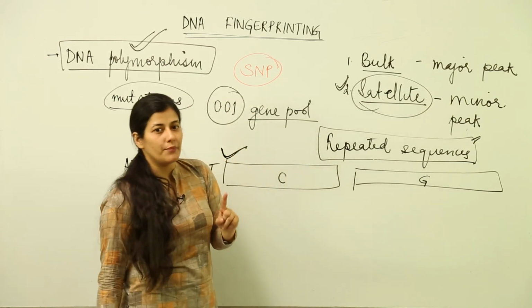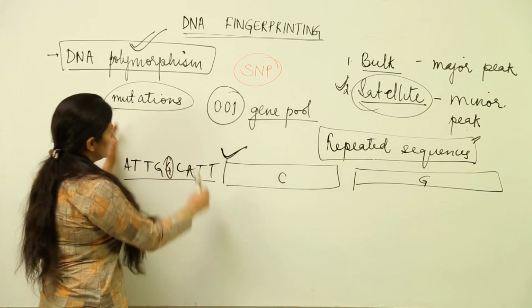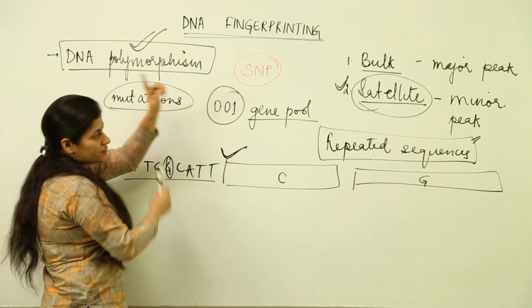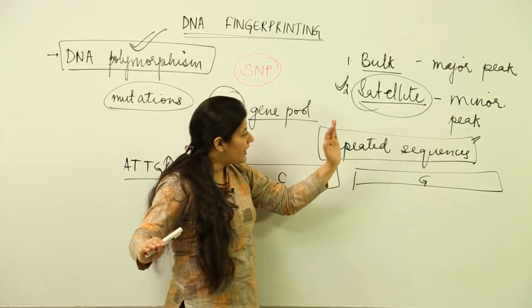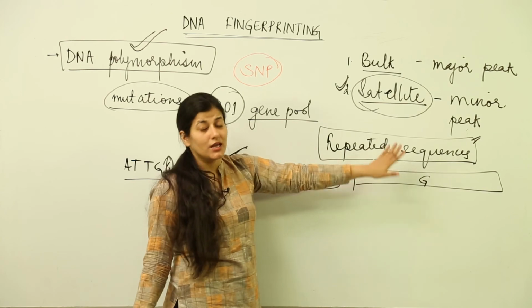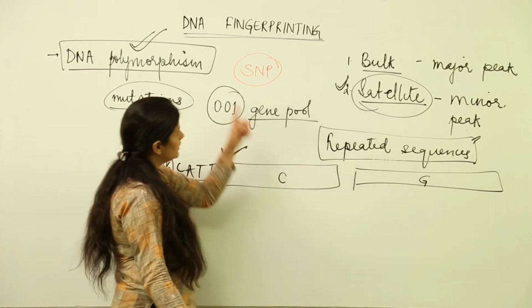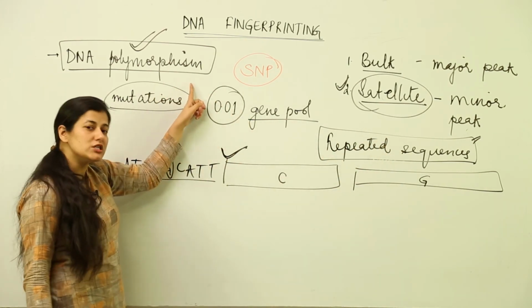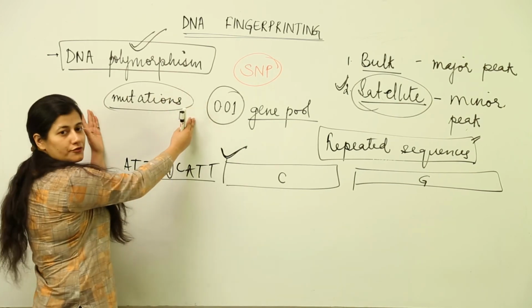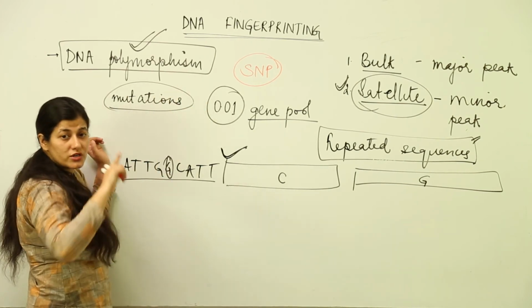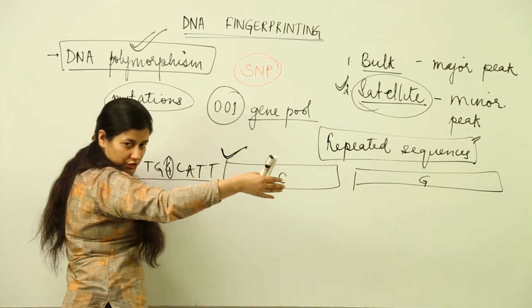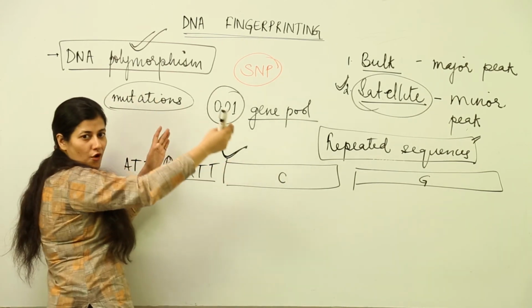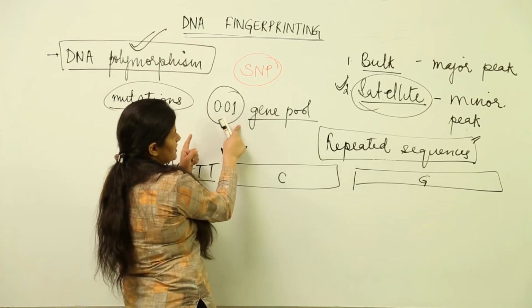Now, in that minor peak DNA, we find DNA polymorphism. This minor peak is formed by that DNA which does not express itself and it has repeated sequences. These repeated sequences, they have polymorphism. Now, what is polymorphism? Because of mutation in the germ cells which do not express themselves, they are inherited one by one after generation and generation, and they form that allele's frequency this much.